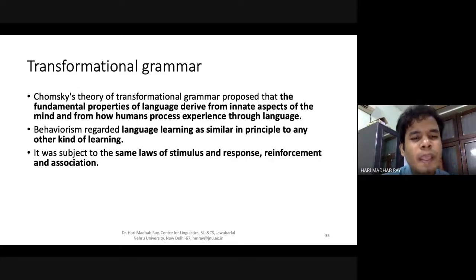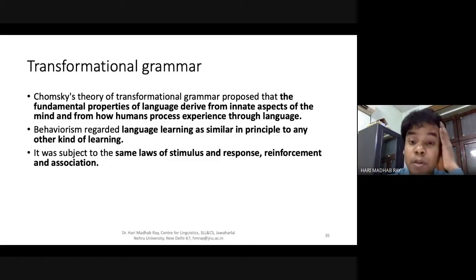Behaviorism held that it was subject to the same laws of stimulus and response, reinforcement and association. Earlier it was the stimulus-response theory, the behaviorist Pavlov theory.